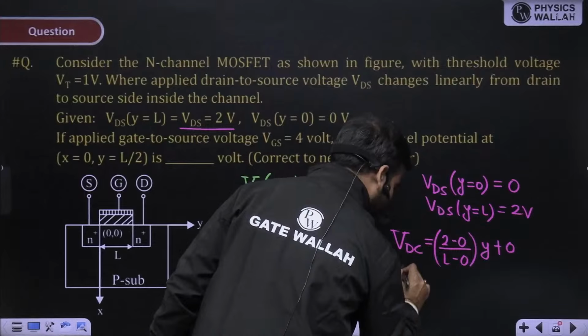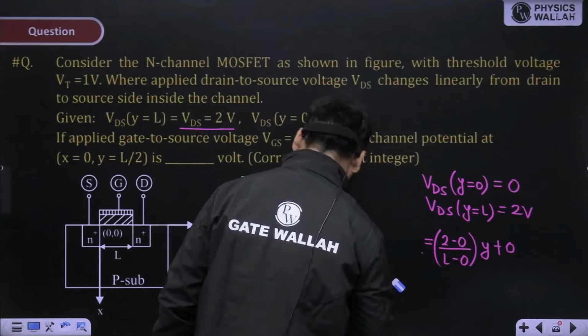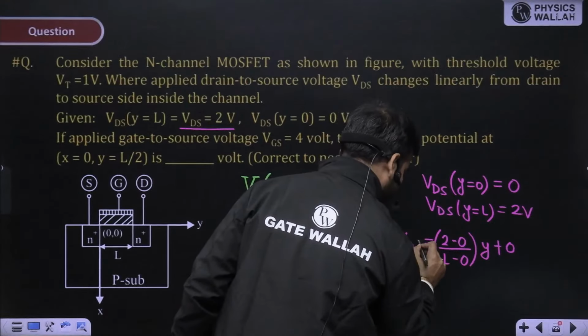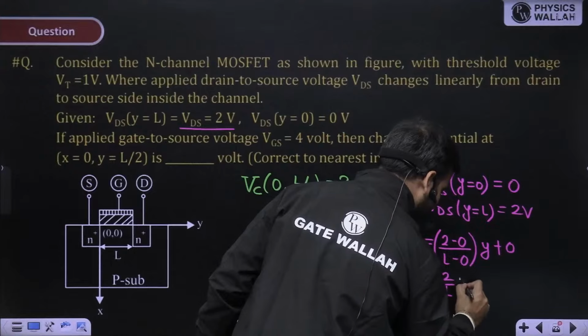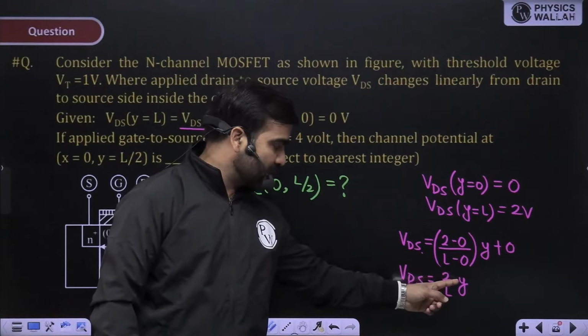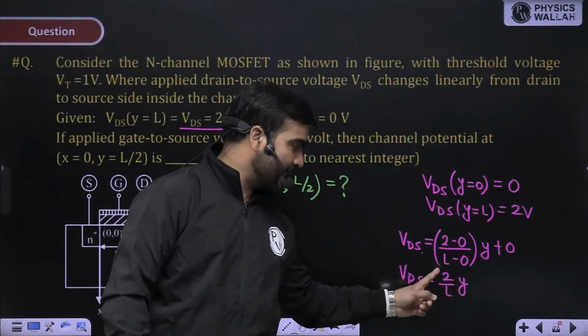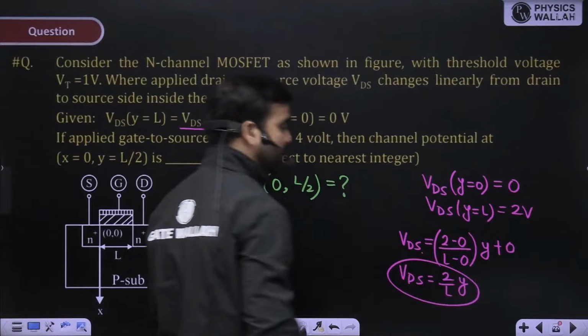So VDS is changing like this. This VDS is 2 by L into y. So at y equals 0 it will be 0, at y equals L it will be 2. So this is the equation that describes VDS with respect to y.